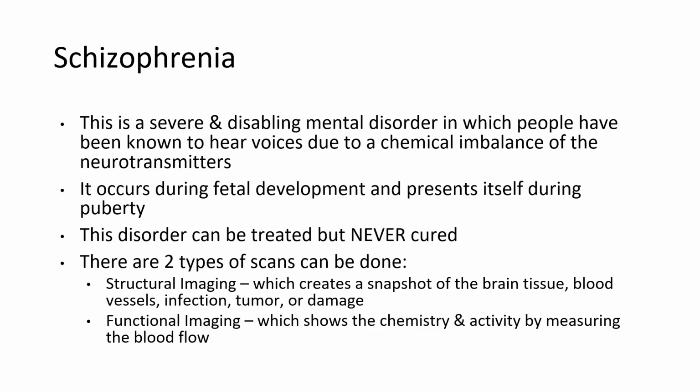And there are two types of scans that can be done for schizophrenia. Structural imaging, which is usually done with MRI, that is just a snapshot of the brain. It looks at the blood vessels and it rules out other sources of the symptoms like infection, tumor, or damage.